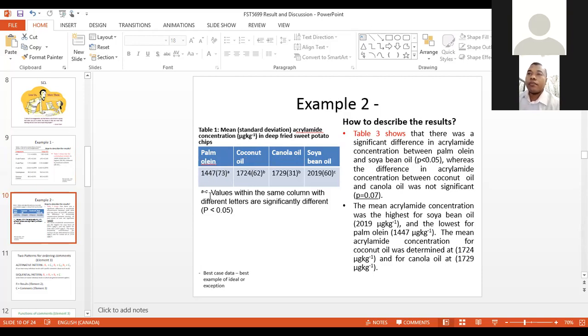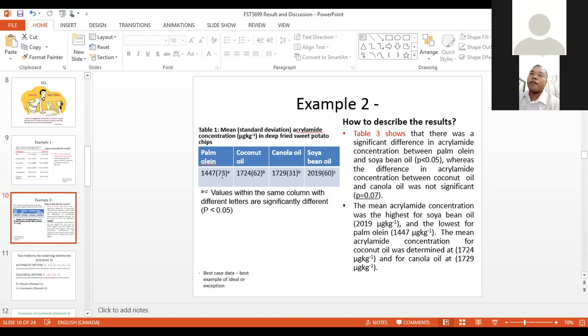And then at the top, they mentioned that A to C values within the same column with different letters are significantly different. So that means A is different, B is different. So canola and coconut are not significantly different at P less than 0.05.